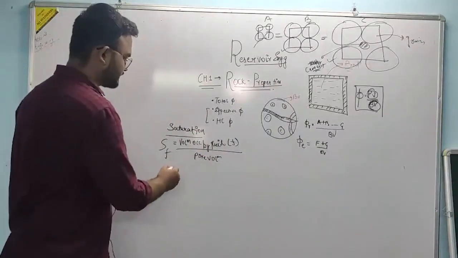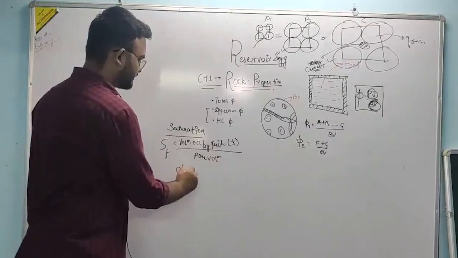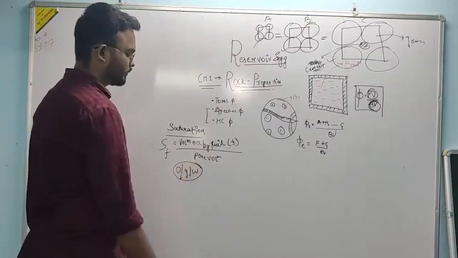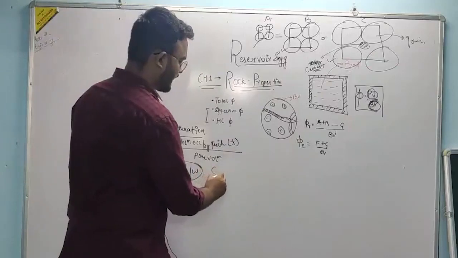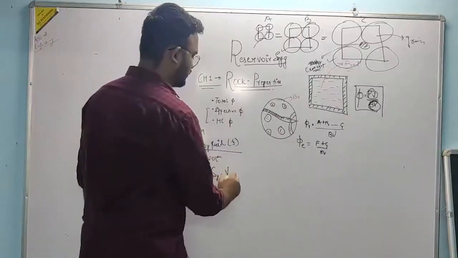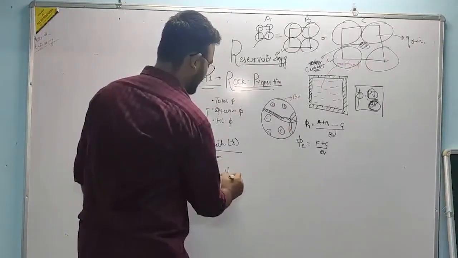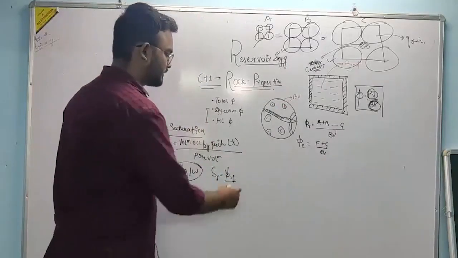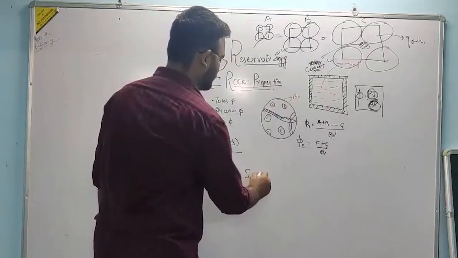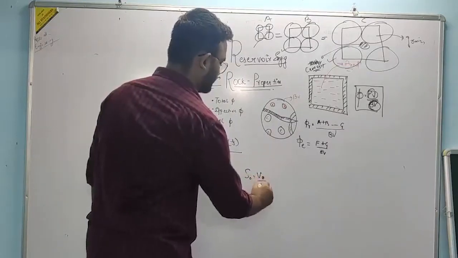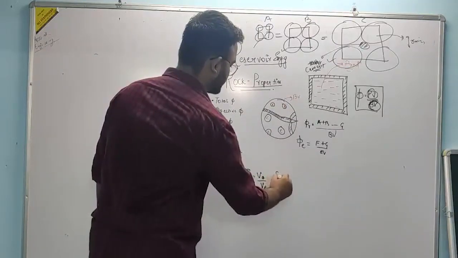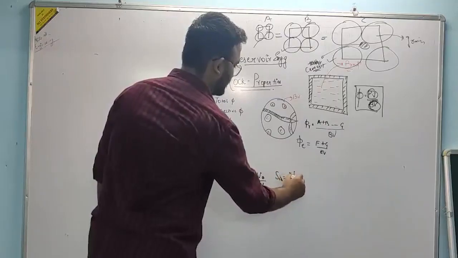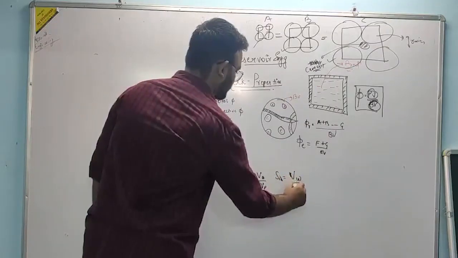Our oil and gas systems are oil, gas, water. These are the three important for us. So saturation of gas is the volume of pores occupied by gas divided by the volume of pores. Similarly, saturation of oil is volume of oil divided by volume of pores. Saturation of water is volume of water divided by volume of pores.